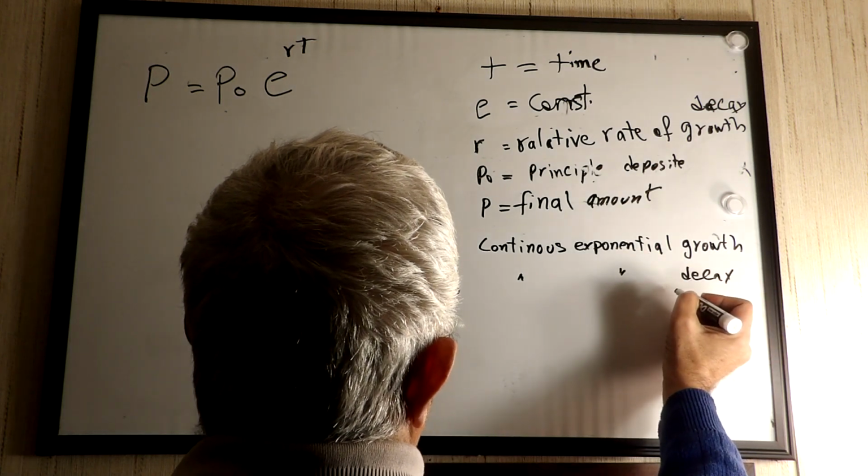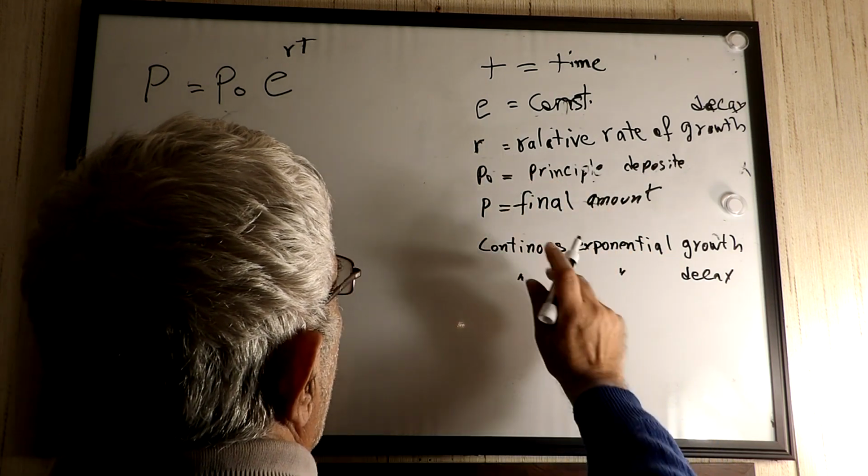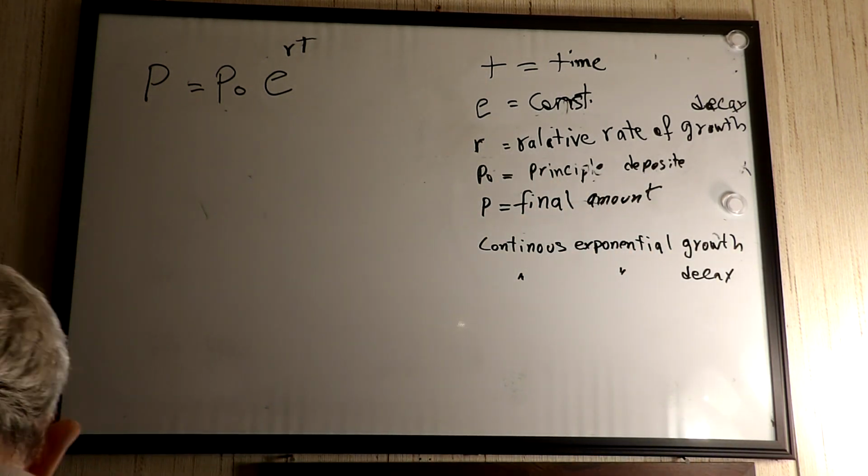When we have decay, r is less than 0, and for growth, r is greater than 0.